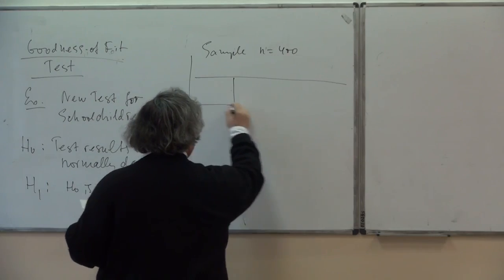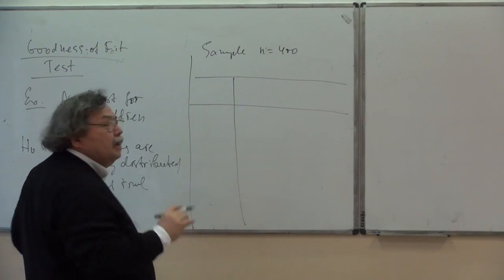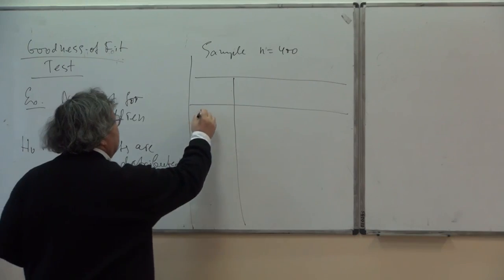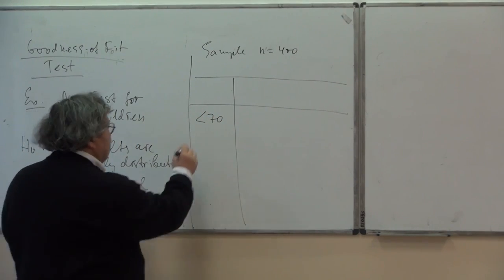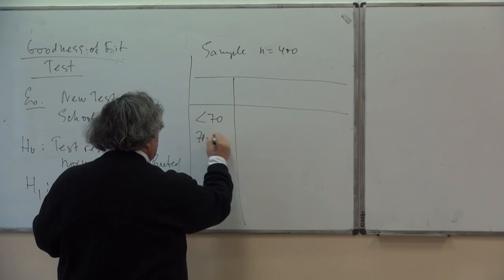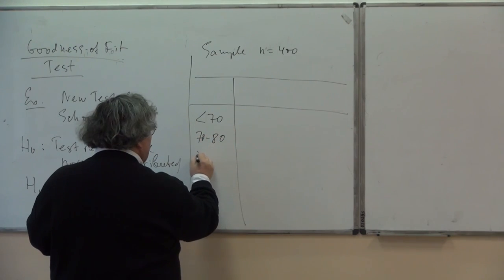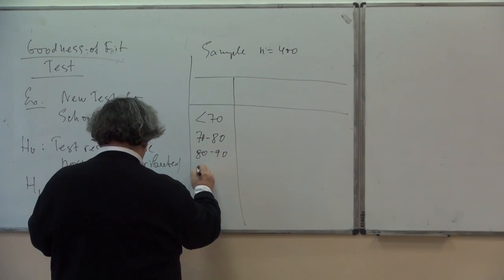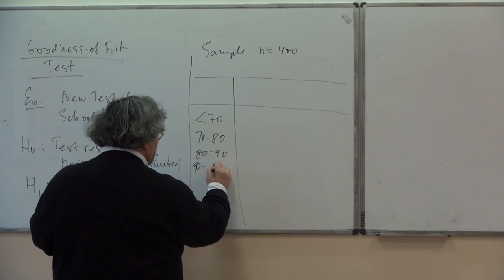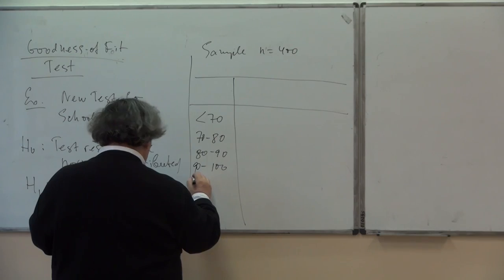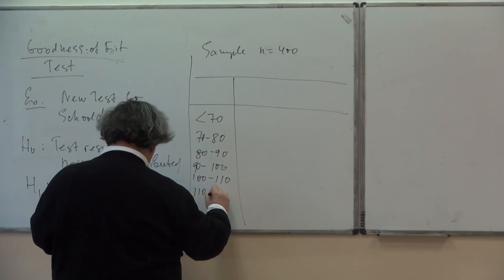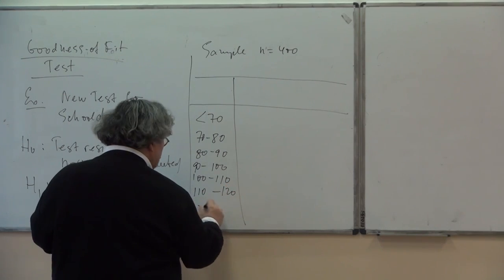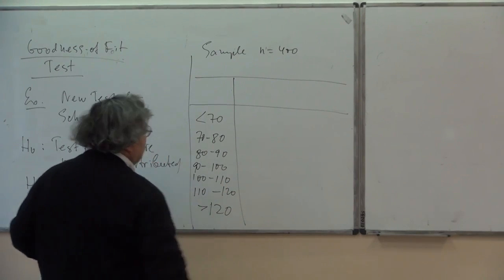Now, the grades that I introduce in this example are less than 70, 70 to 80, 80 to 90, 90 to 100, 100 to 110, 110 to 120, and greater than 120.